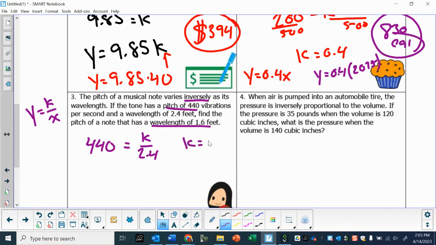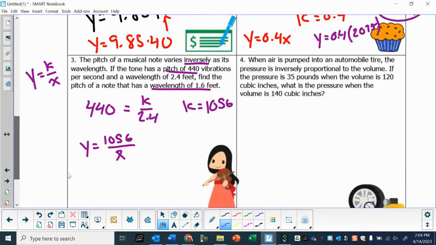To find our constant of variation, we can do 440 times 2.4 and get our constant is 1,056. So y equals 1,056 divided by x. The wavelength is 1.6, so to find the pitch, we would do 1,056 divided by 1.6 and get 660.